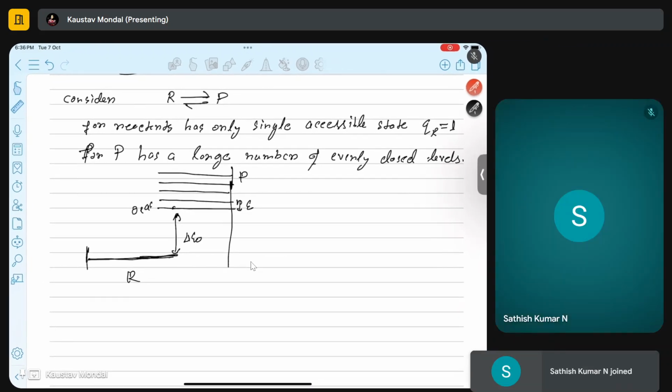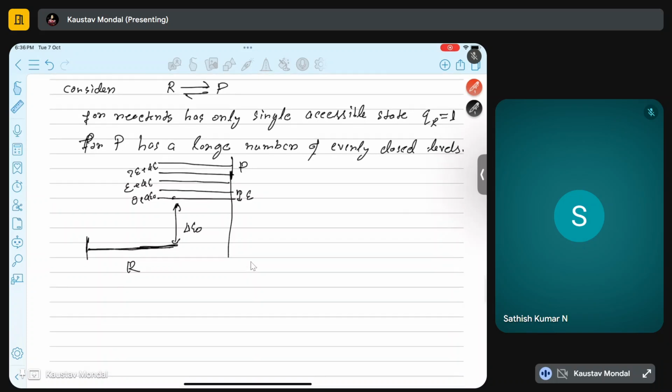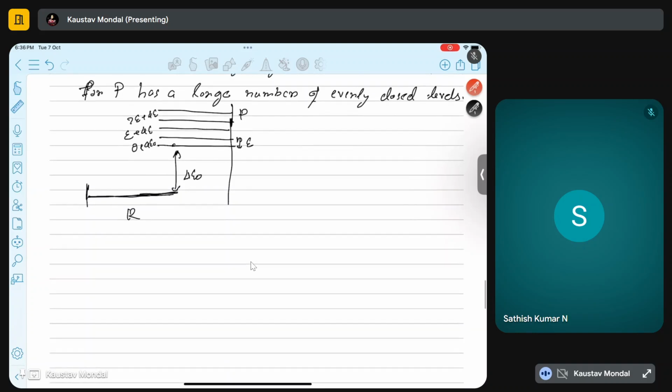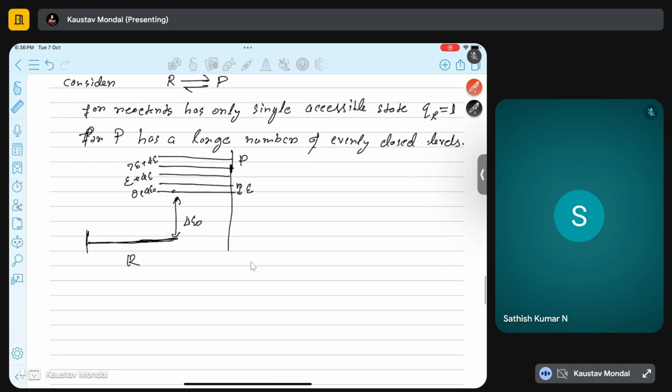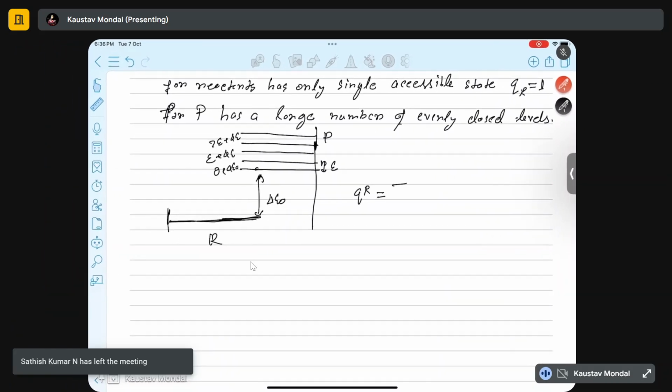Zero plus delta E0, E plus delta E, 2E plus delta E. So the values of energy will look like this. Now for this kind of system, first you need to calculate the partition function for both the reactants and the product. So for the reactants, QR equals summation over j, gj into e to the power minus beta Ej.